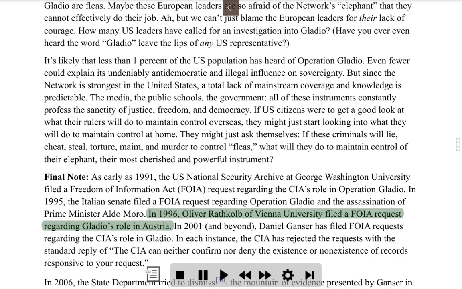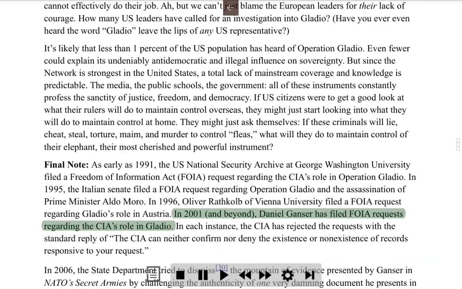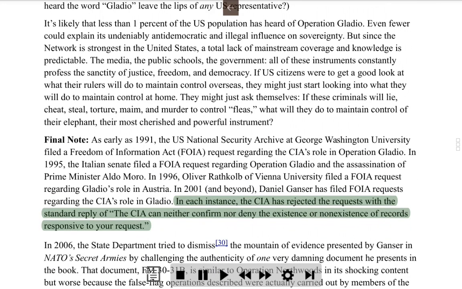In 1996, Oliver Radkulb of Vienna University filed a FOIA request regarding Gladio's role in Austria. In 2001, and beyond, Daniel Ganser has filed FOIA requests regarding the CIA's role in Gladio. In each instance, the CIA has rejected the requests with the standard reply of the CIA can neither confirm nor deny the existence or non-existence of records responsive to your request.